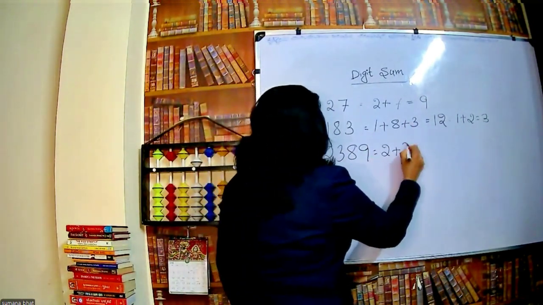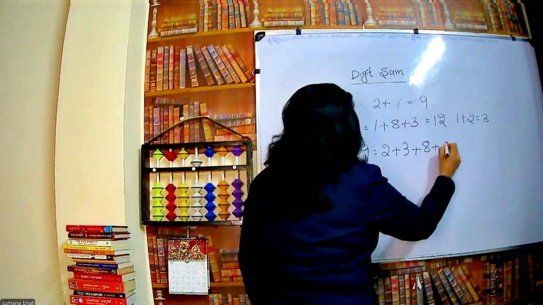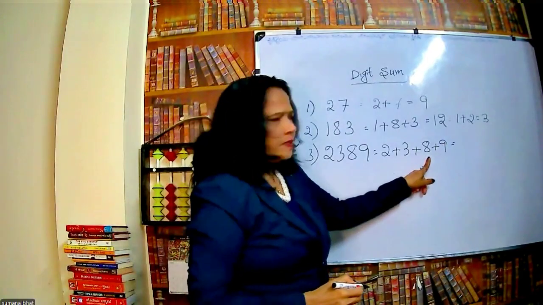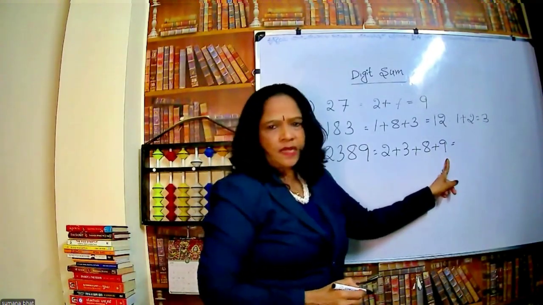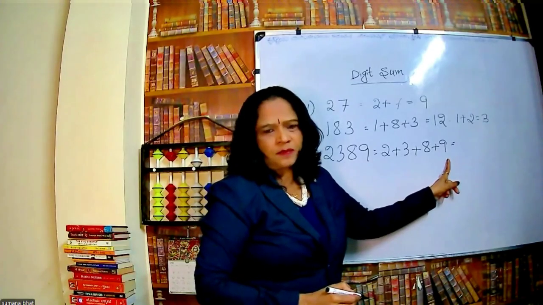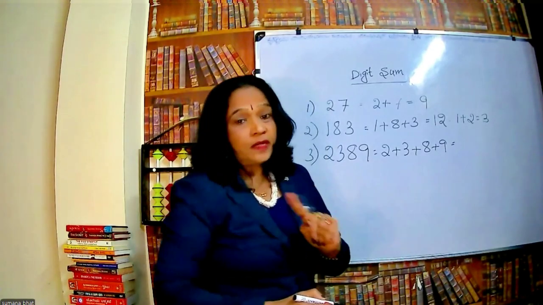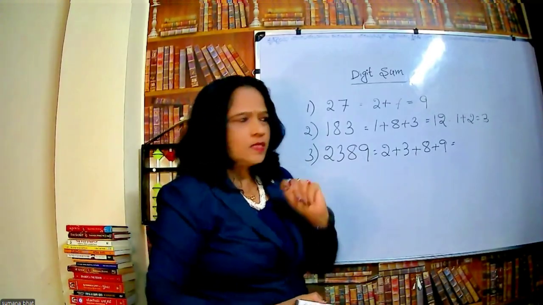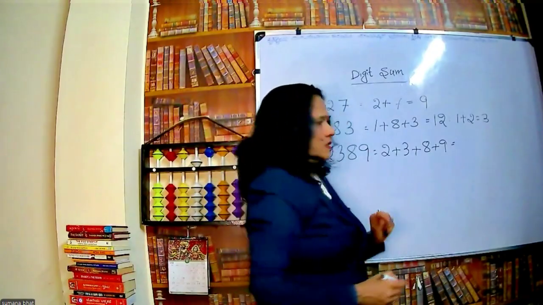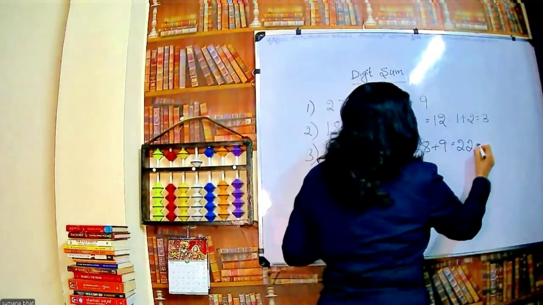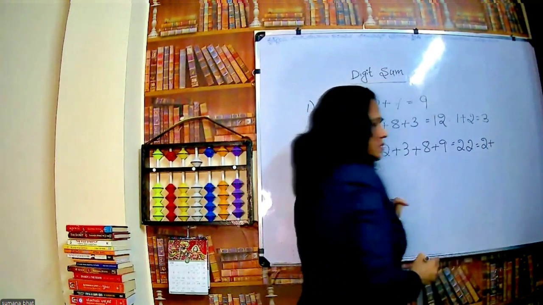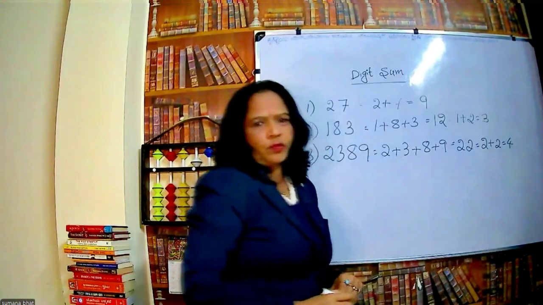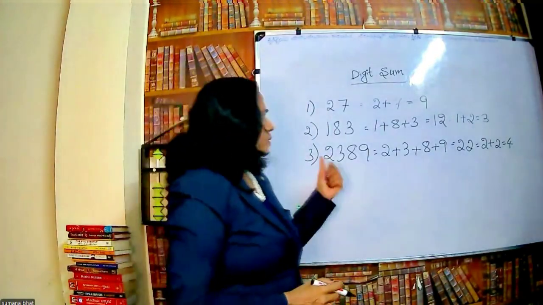So 2 plus 3 plus 8 plus 9. 2 plus 3 is 5, 5 plus 8 is 13, 13 plus 9 is 22. 22 is not the digit sum because it is a 2-digit number. Bring it into a single digit by adding those two digits. 22 is the sum, but that is not the digit sum. 2 plus 2 is 4. So 4 is the digit sum for this number.